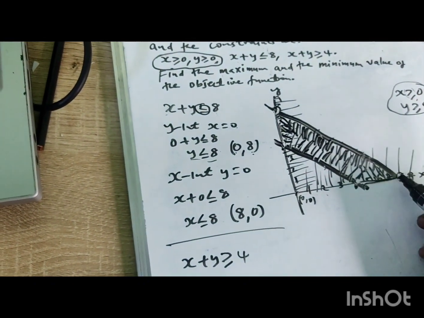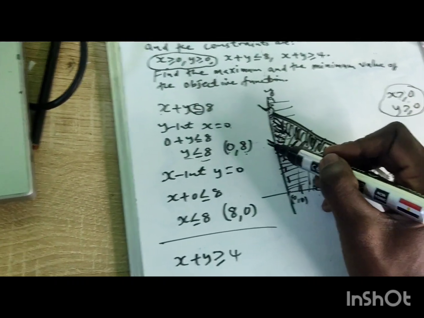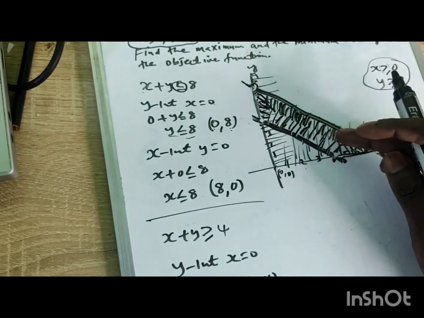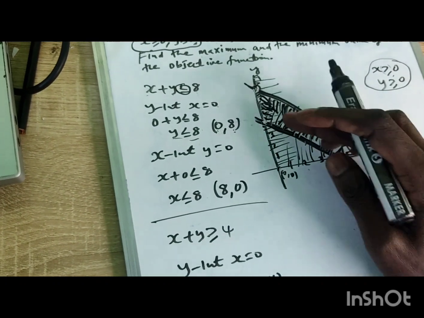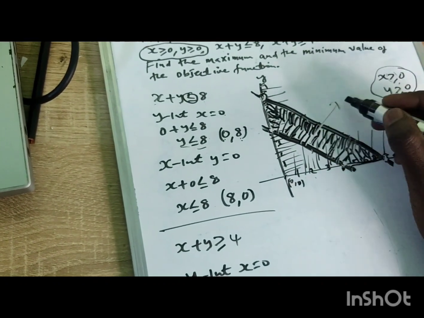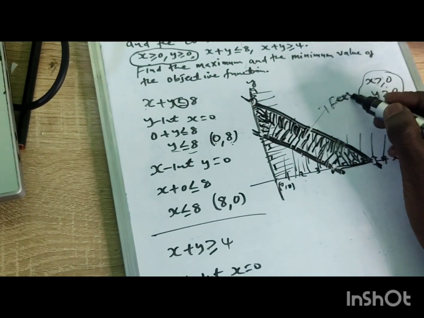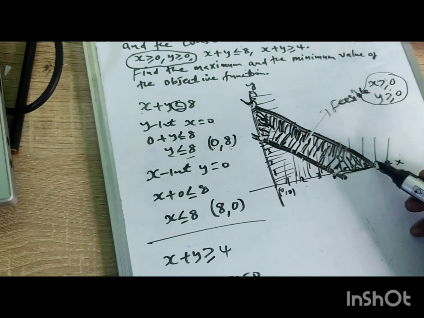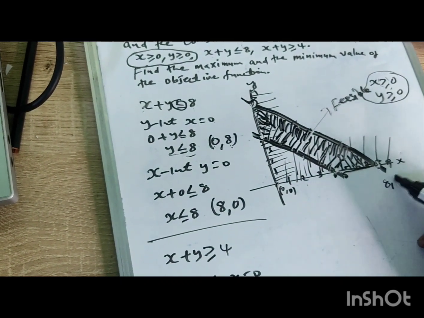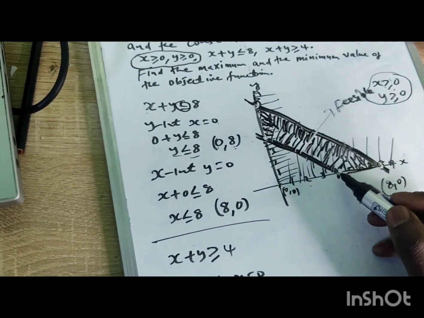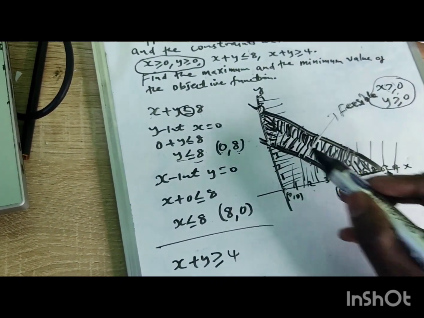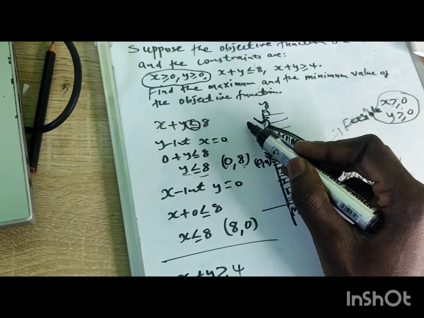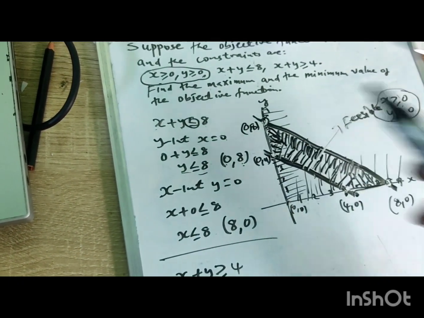These points are called the corner points, and this region that satisfies all the constraints is called the feasible region. These are the corner points. For example, here we have the corner point of 8, 0, another corner point of 4 and 0, a corner point of 0 and 4, and then a corner point of 0 and 8.